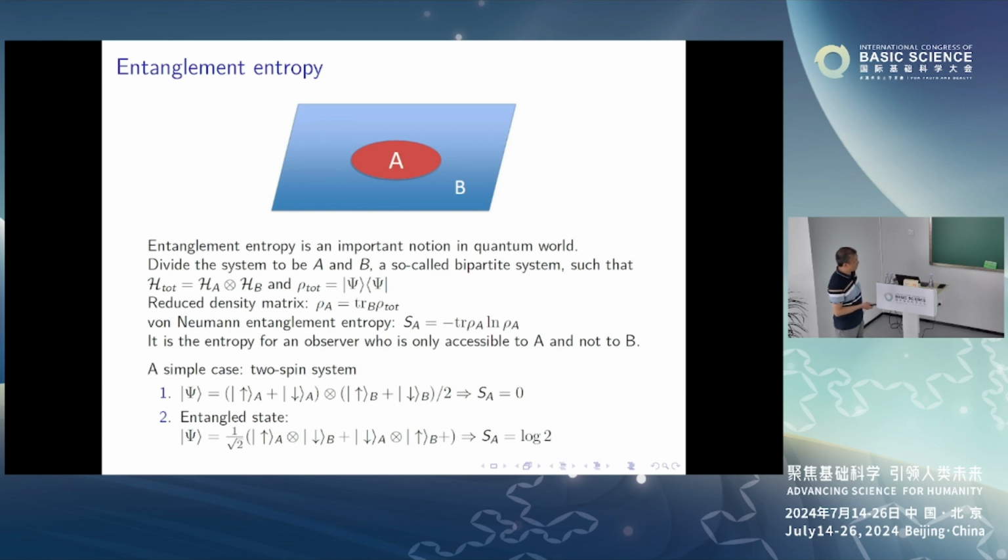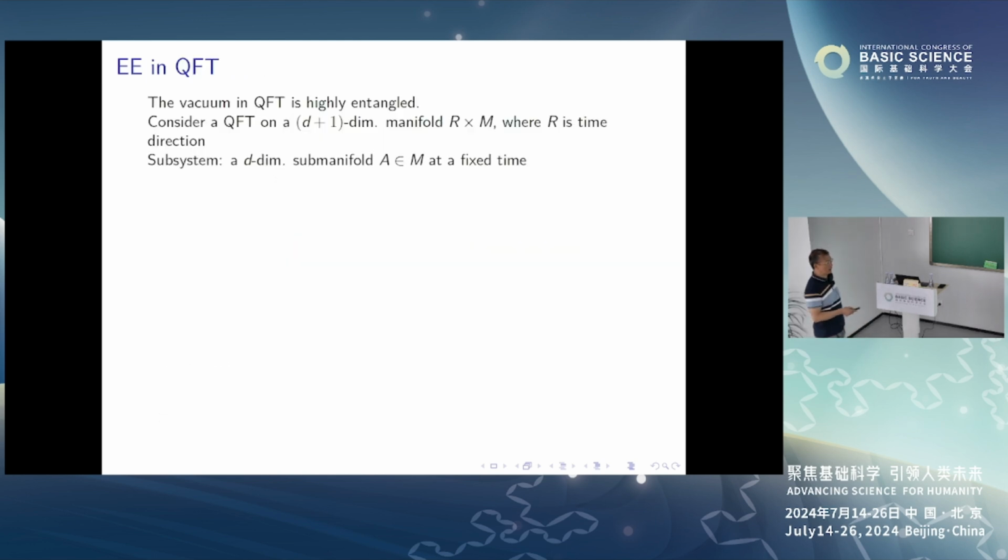It becomes more and more complicated if you have more and more degrees of freedom in the system. So if we consider a quantum field theory, it becomes very complicated. The basic idea is that the vacuum in a quantum field theory is highly entangled.